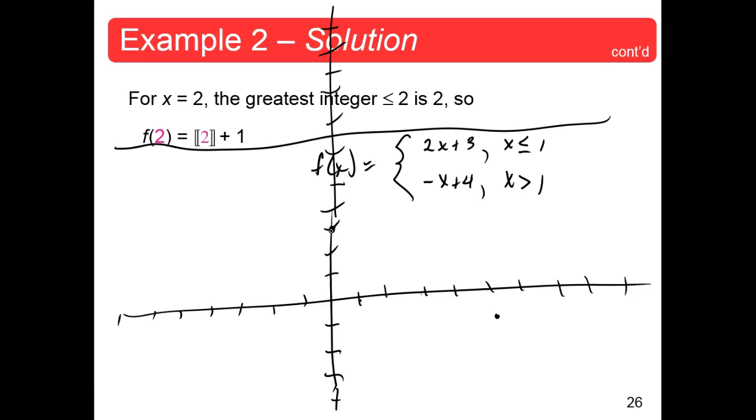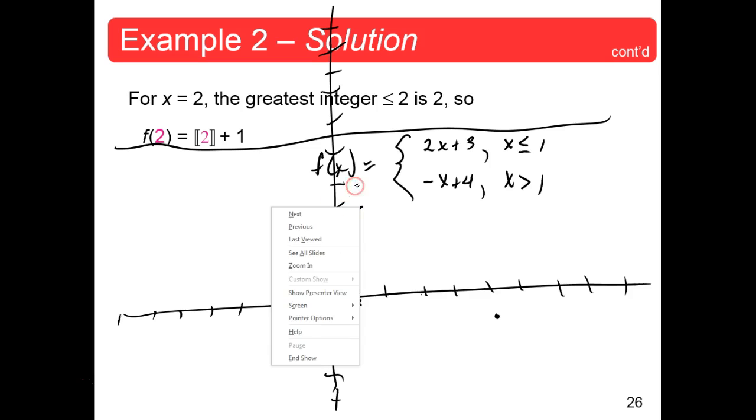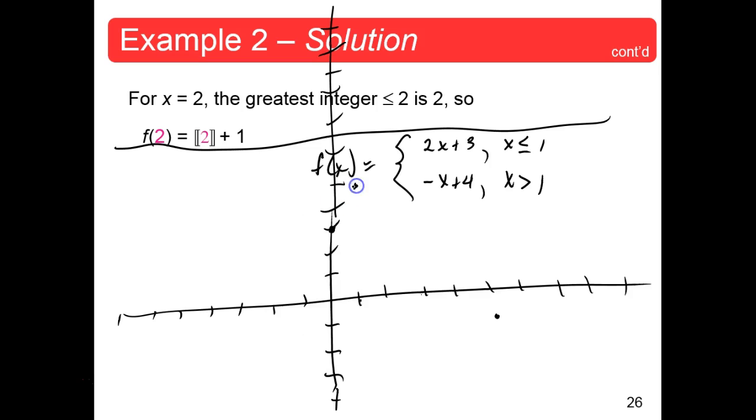Or we can maybe do it a little bit differently. Slope, excellent. Both of these are linear functions. So this one has a slope of positive 2, and we just found the y-intercept of 3 right there. But it only goes one more space because it's only good up until there.